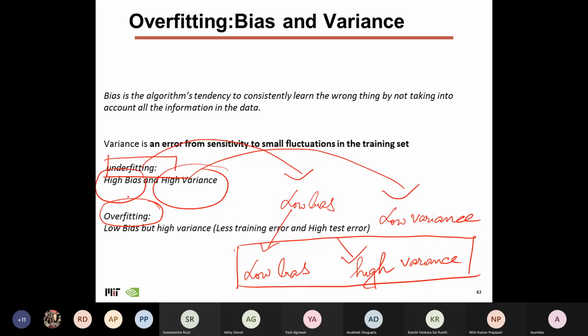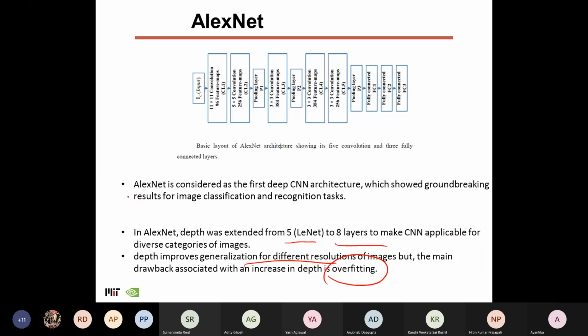Okay. So why are we talking about this in the context of AlexNet? Because when you are considering improved depth, increasing the layers, extending them to 5 to 8, in some cases this type of input training set noise, some disturbances, are also taken into account but not isolated properly during the training phase.